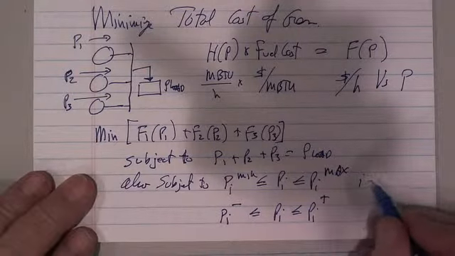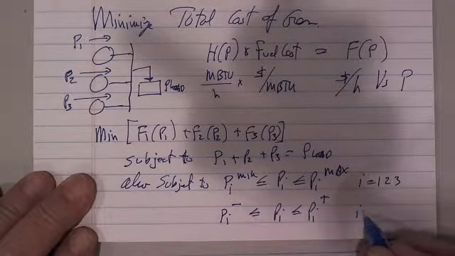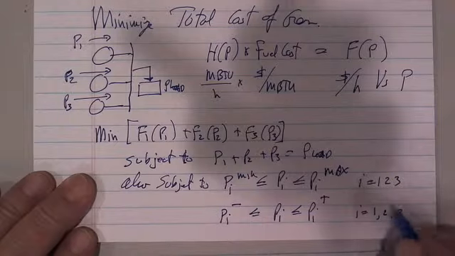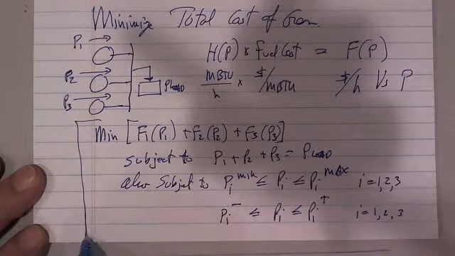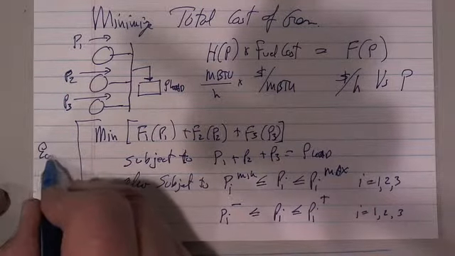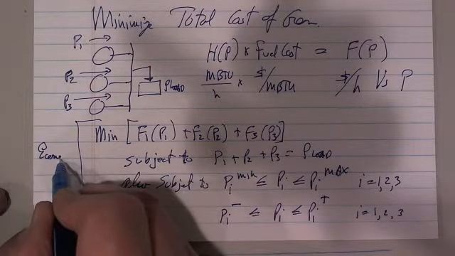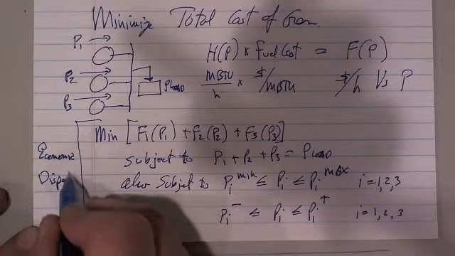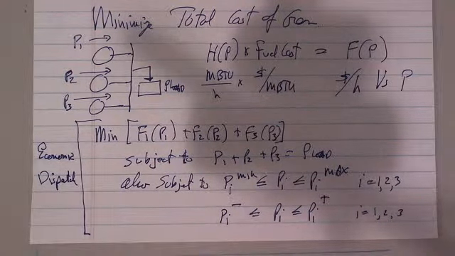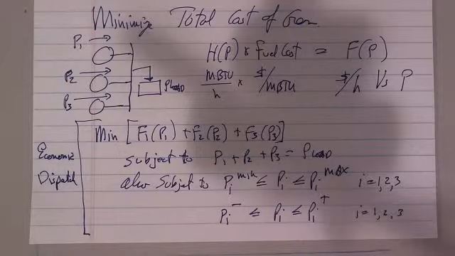And we could put i equals 1, 2, 3 for each of those. So this represents the economic dispatch problem. That's what has been the classical economic dispatch or economic operation problem for an electric company.